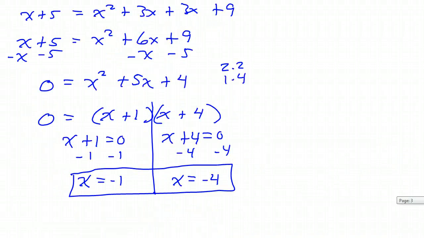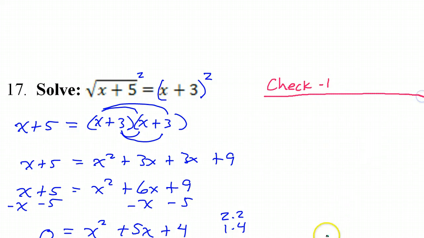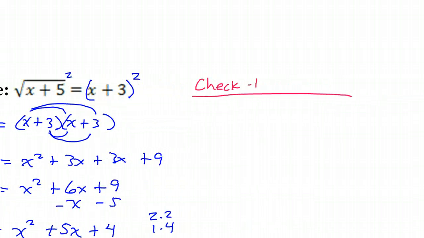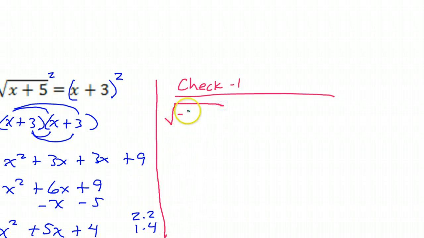Okay, let's start with the negative 1. Check that. Alright, checking negative 1 would give us the square root of negative 1 plus 5 is equal to negative 1 plus 3.